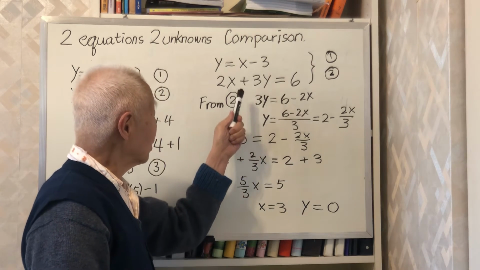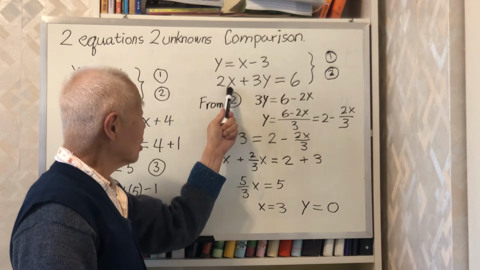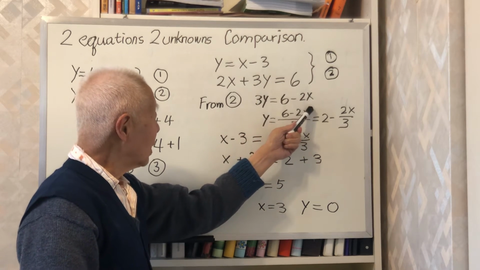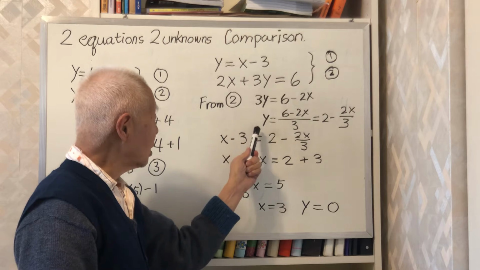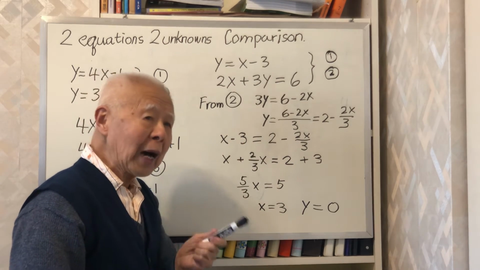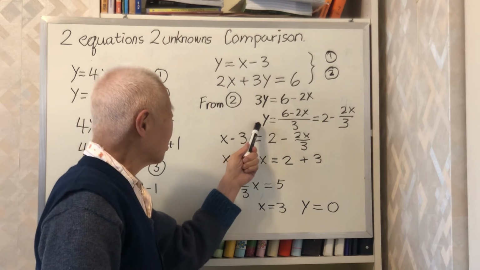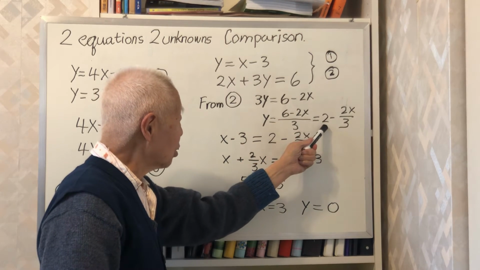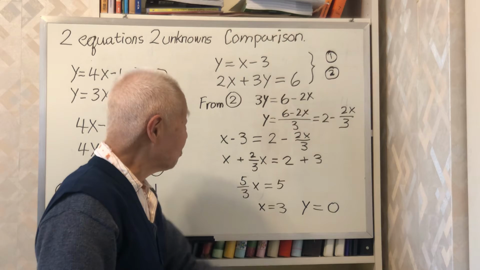This is how you do it. I move 2x from the left side to the right-hand side, and I divide by 3 so that I have y equals something. So y equals this divided by 3, and it is equal to 2 minus that.